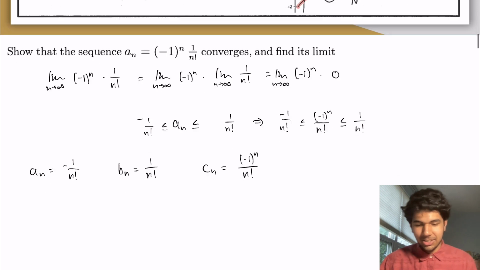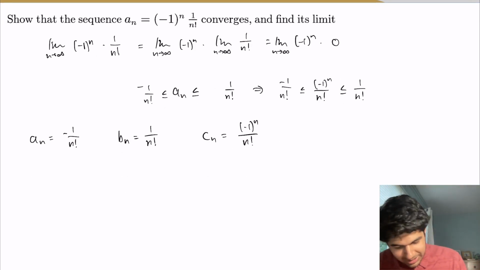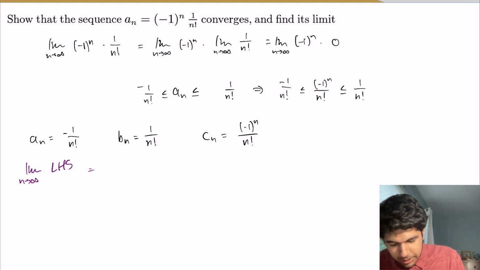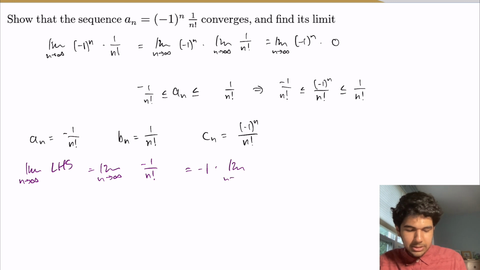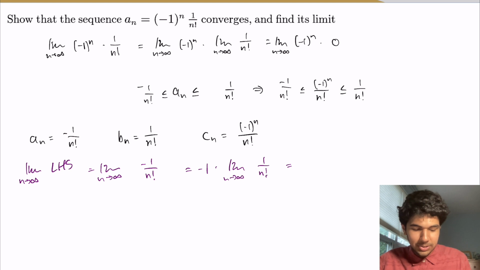If not, then no good. So let's consider the limit of the left-hand side, which would be equal to the limit as n approaches infinity of negative 1 over n factorial. Well, that's just equal to negative 1 times the limit as n approaches infinity of 1 over n factorial, which we said was equal to 0, so negative 1 times 0 equals 0.